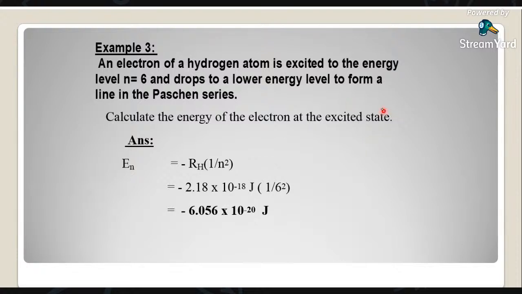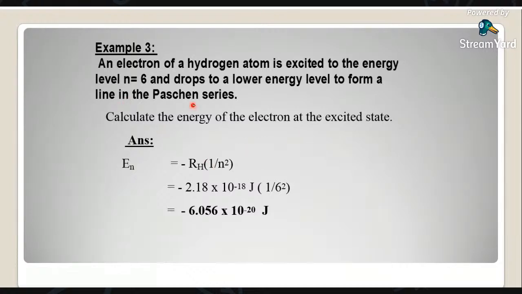Meaning that now the question is asking about the electron when it is not moving anywhere. The energy of the electron when it is at the excited state, not the energy of the electron when it falls to n equals 4, and not when it jumps to a higher energy level. It is the energy of the electron at the excited state before it drops.